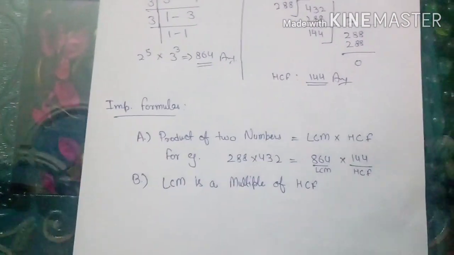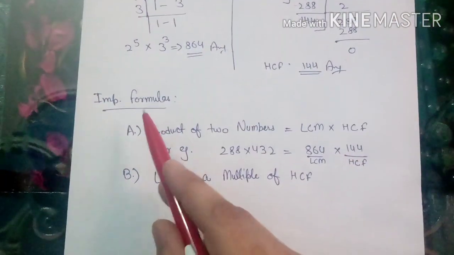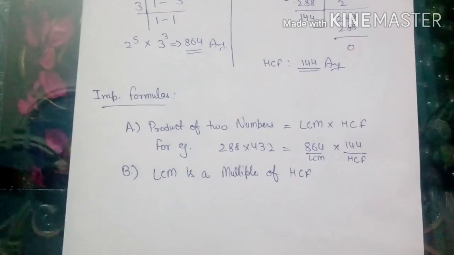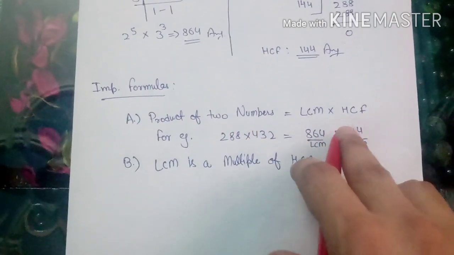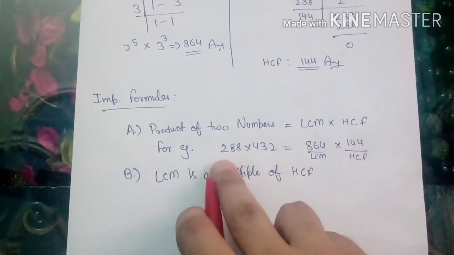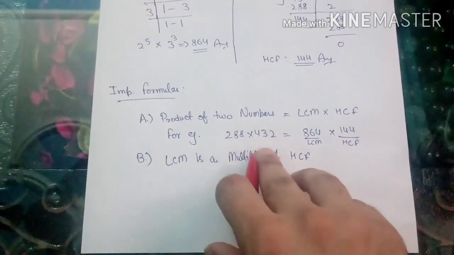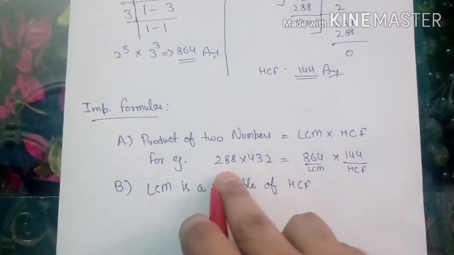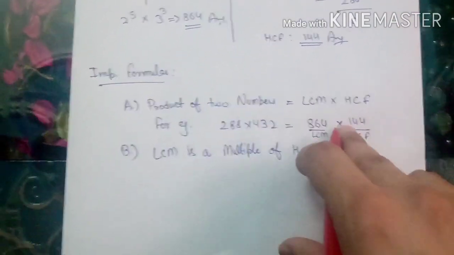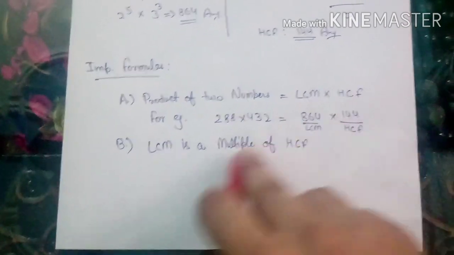Now these are the basic takeaways you can generally refer to. The product of two numbers is always equal to the LCM into SCF. For example, we have calculated above the SCF and LCM of 288 and 432. Now you can multiply these two numbers, and you can multiply the SCF and LCM, both will be equal.